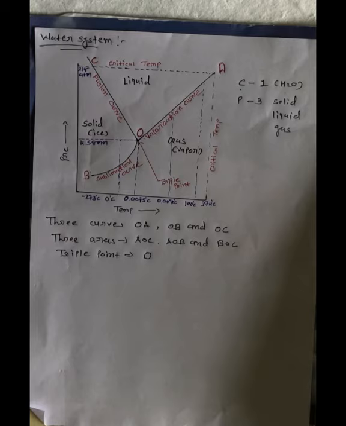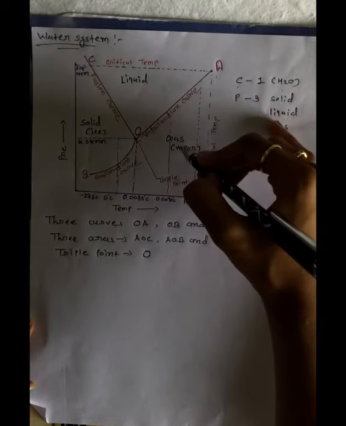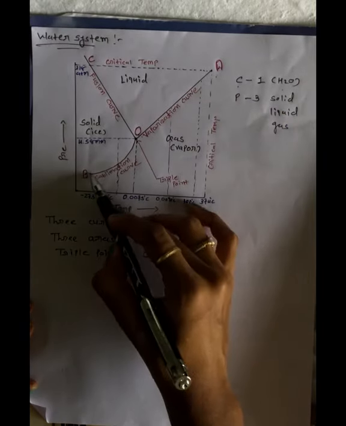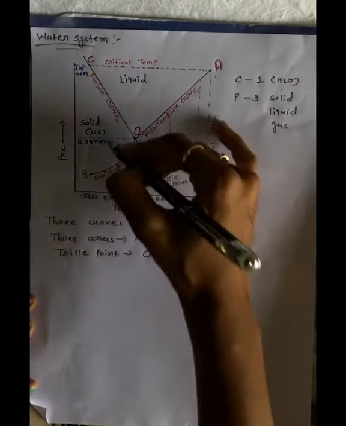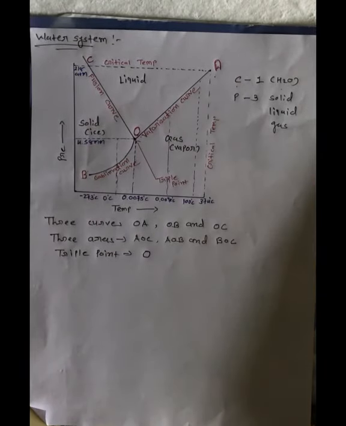The curves OA, OB and OC each represent two phases. OA represents liquid and gas. Curve OB represents solid and gas. And curve OC represents solid and liquid.